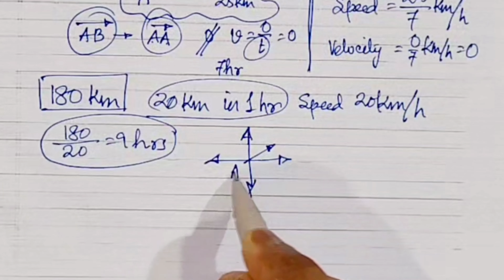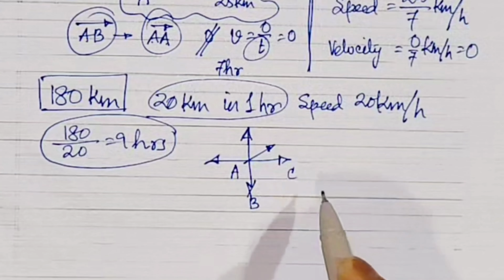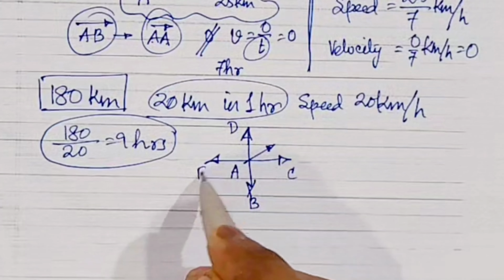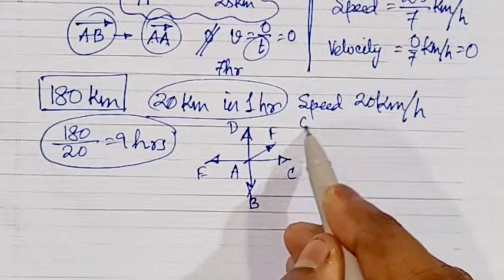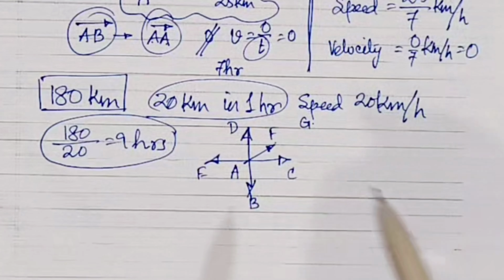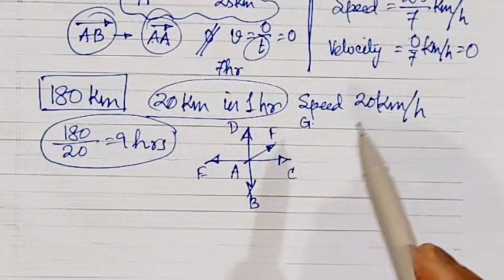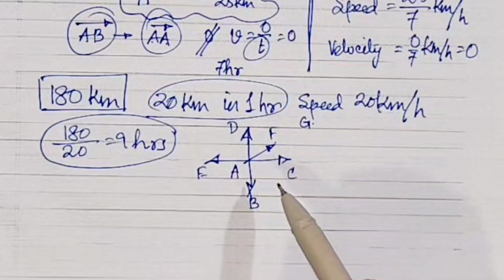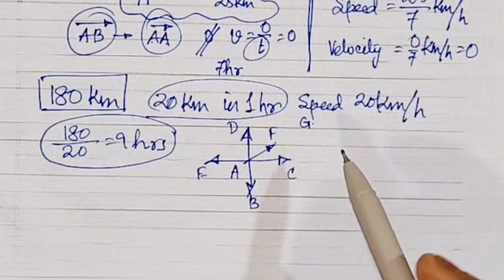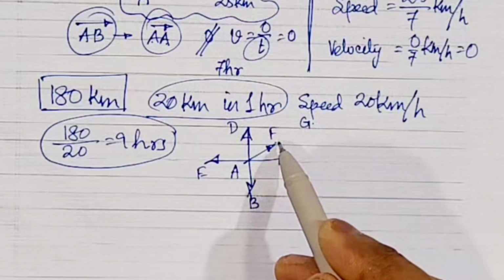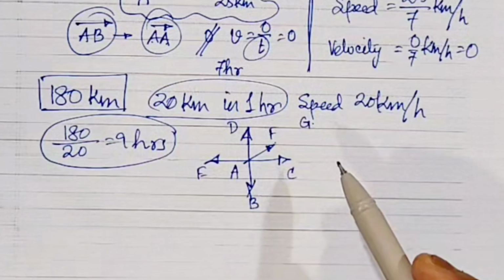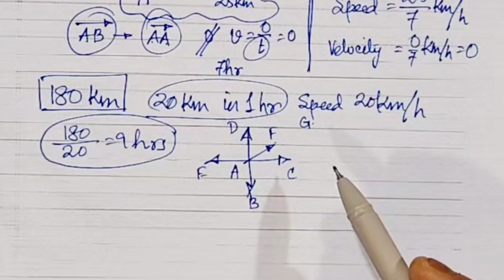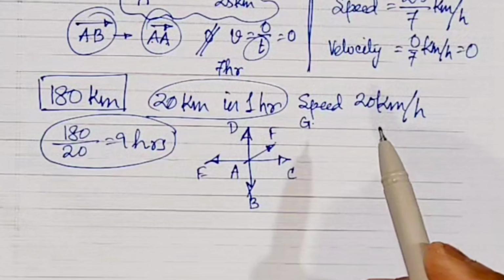Let's say A, B, C, D, E, F, G. At a certain point of time, if AF is where our car is heading, and we plan to maintain a steady velocity, the word steady with velocity stabilizes two things.